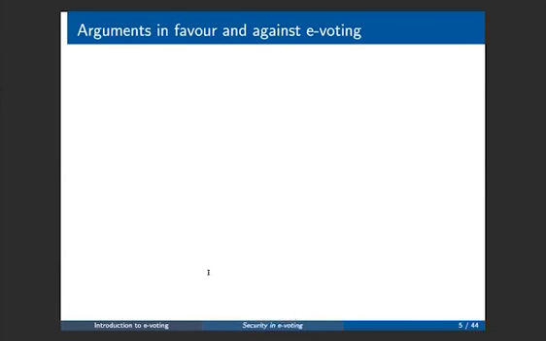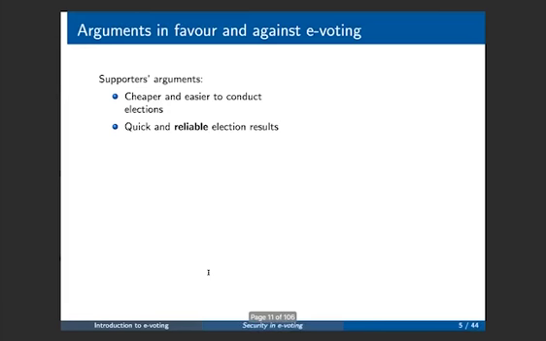Among the arguments that we find from people in favor of and against e-voting, supporters argue that online elections are cheaper and easier. That means it's also easier to just have even more elections. They are also quicker and reliable, which is highlighted because, as we will see, the reliability of election results is kind of a challenge.